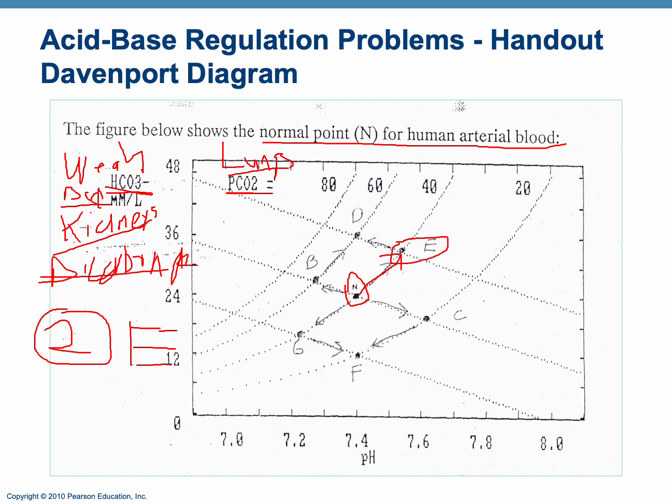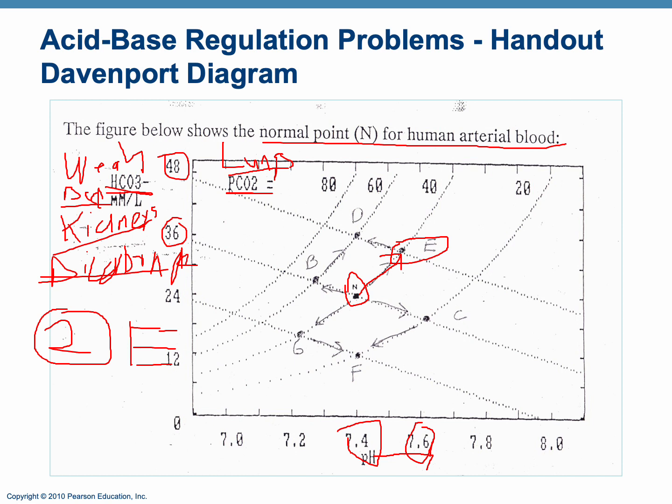There we go. Okay, so things that have changed, right? We went from a pH of 7.4. pH has increased now to 7.6 on the graph. So we definitely know it's going to be a state of alkalosis. And there's also been a change in the amount of bicarbonate. We went from a normal 36, and we read this line here. Now it's 48. The bicarbonate has gone up.